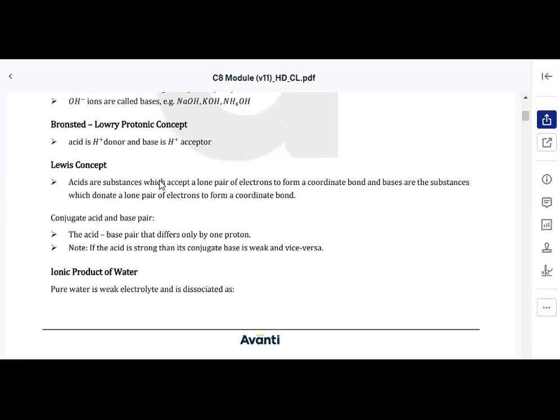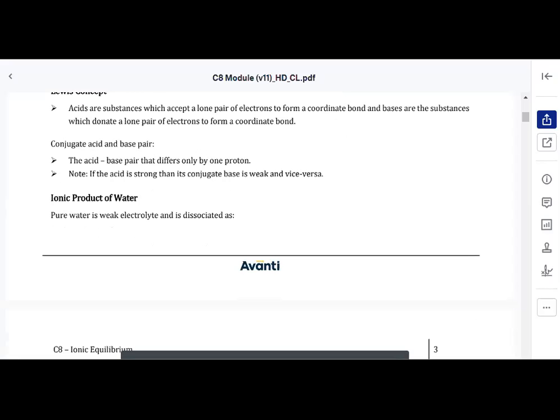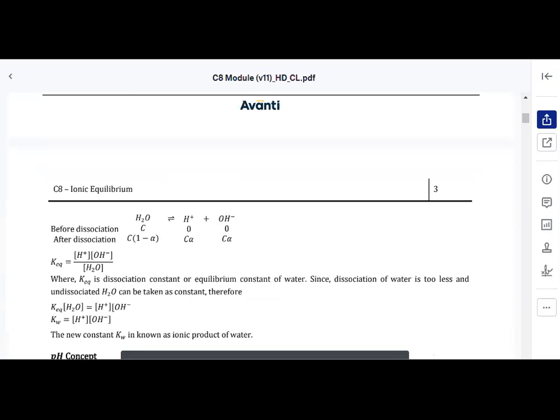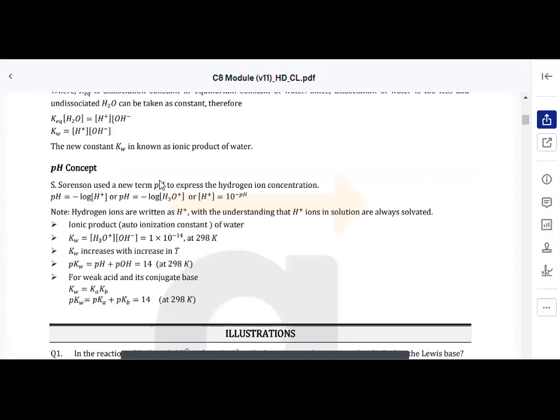If you donate H plus, you are an acid, and if you accept H plus, you are a base. Then the Lewis concept depends on the electron or lone pair. Conjugate acid-base and ionic product of water we have already studied. I hope all of you remember these concepts.